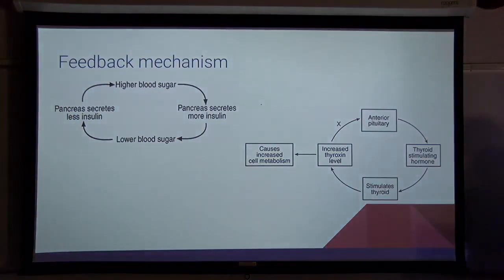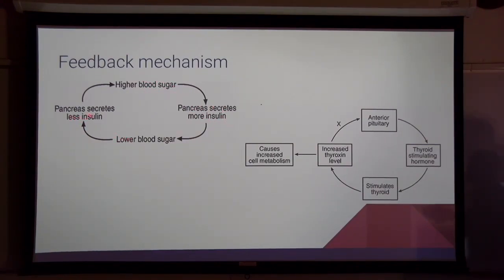Right, so some of the most common hormones that you'll see, these are also popular topics on the test. You'll see insulin, and oftentimes it's shown in a feedback mechanism where if the blood sugar is too high, the pancreas will secrete insulin to lower the blood sugar.